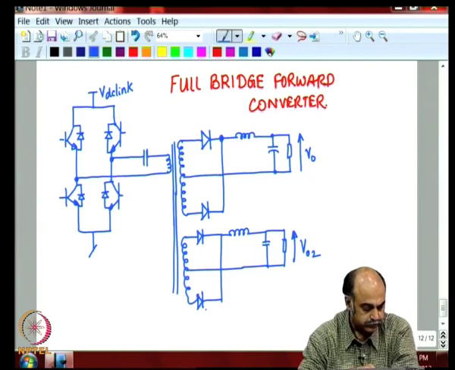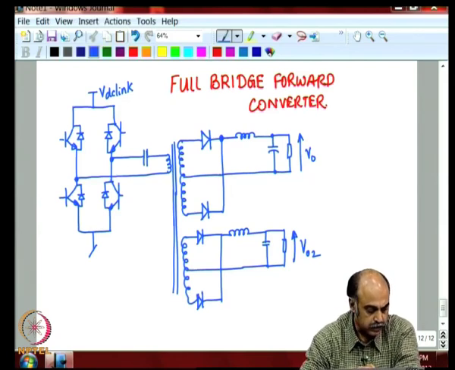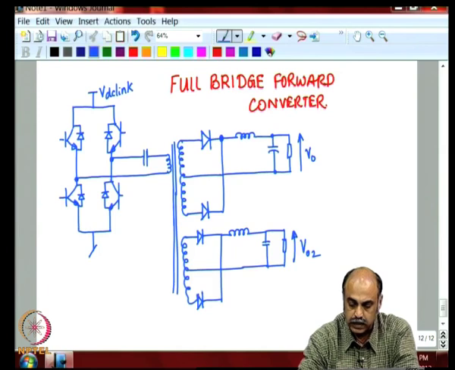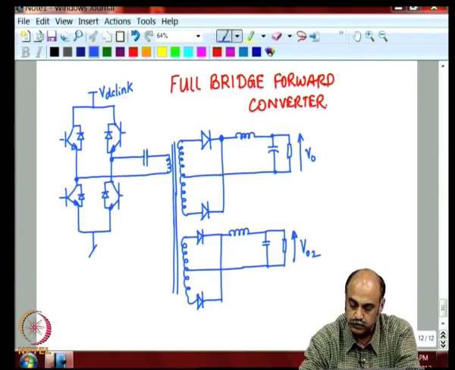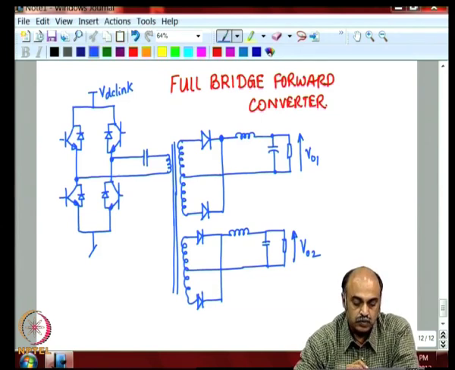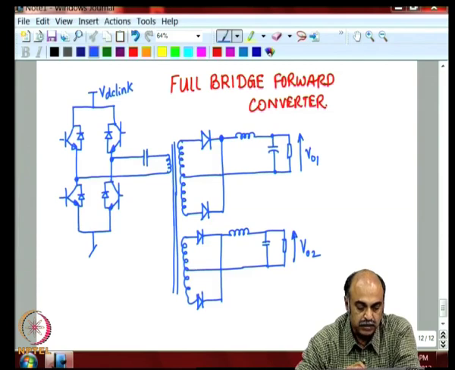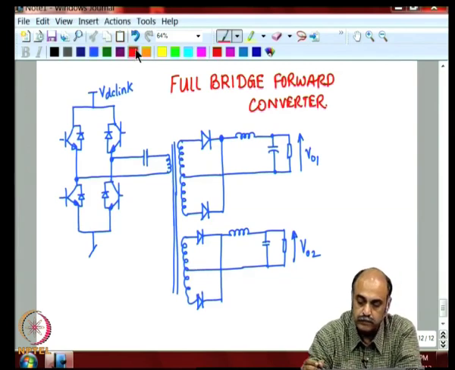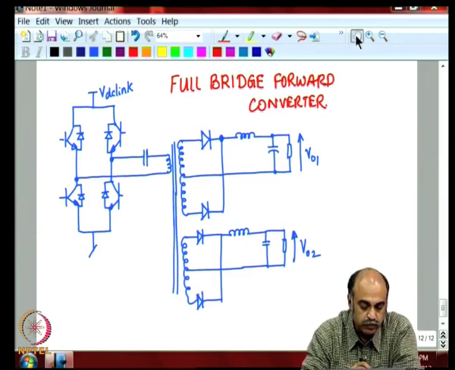Now, let us consider this kind of a circuit, and we want to design this DC-DC converter, the power circuit. So, what does it imply? What does it mean? It means that you need to rate the various components.